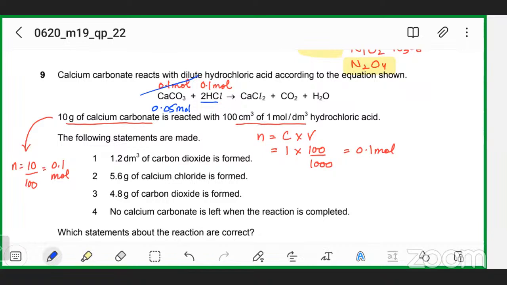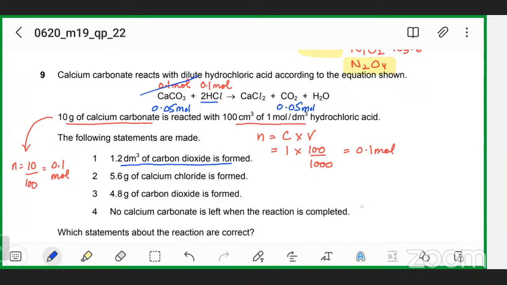That's the first thing. So you always cut out the one that's in excess; you'd never use that. According to the first statement, 1.2 dm cube of carbon dioxide gas is formed. Calcium carbonate reacting is 0.05 moles, so carbon dioxide is exactly the same, 0.05 moles.